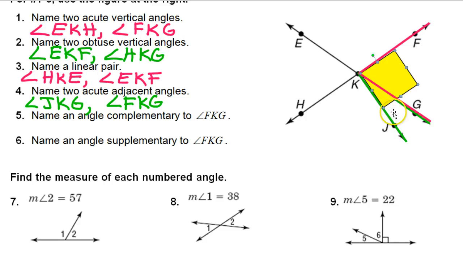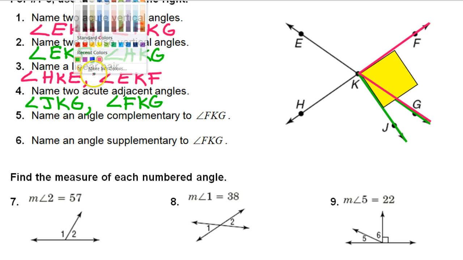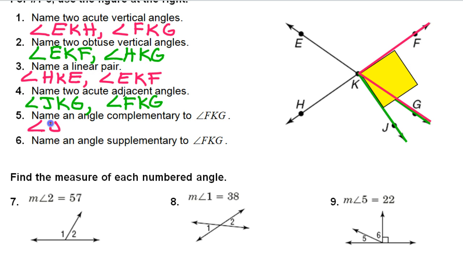So that means these two angles, the pink and the green, are complementary angles. So an angle complementary to FKG is the green angle JKG. So I can really just use my answer from before. JKG would be complementary.